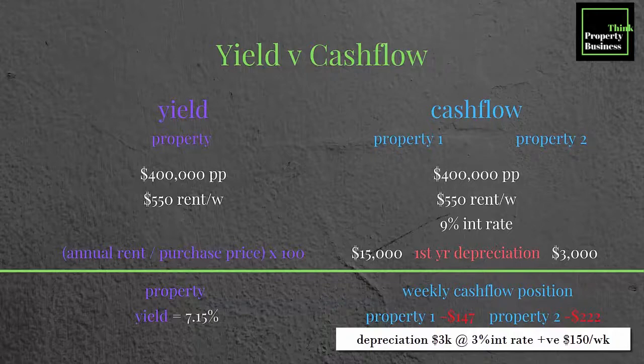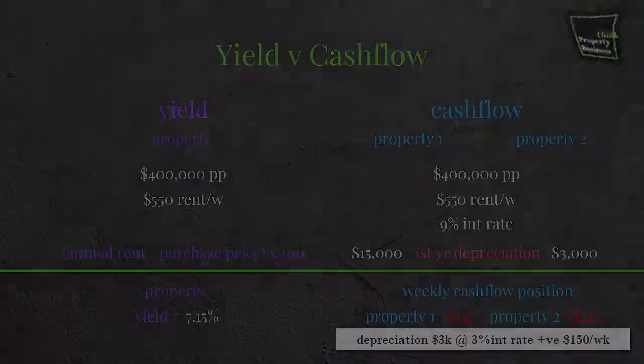So from negative $222 a week at a 9% interest rate to positive $150 per week by reducing that interest rate to 3%. Again, this illustrates how much of an effect interest rate has on the net cash flow position of a property. And the interest rate has no bearing on the yield of a property.